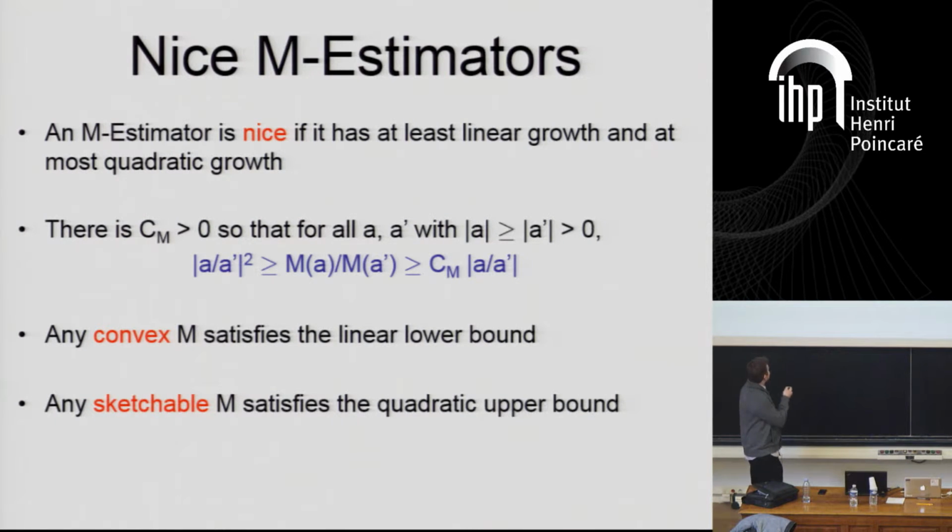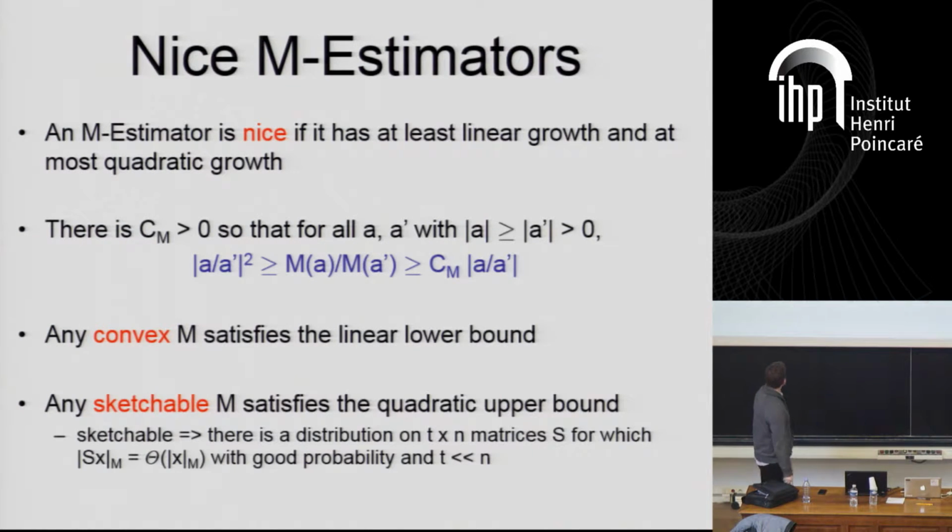And loosely speaking, any sketchable M satisfies this quadratic upper bound. Okay, so what does that mean? Loosely speaking, sketchable means that there is a distribution on these wide fat matrices S that we used in the sketch and solve paradigm, for which if I compute the M norm of Sx, it's roughly equal to the M norm of x with good probability.